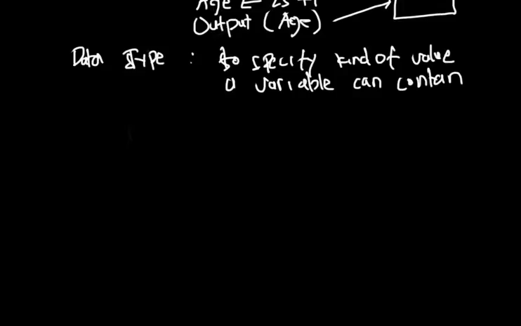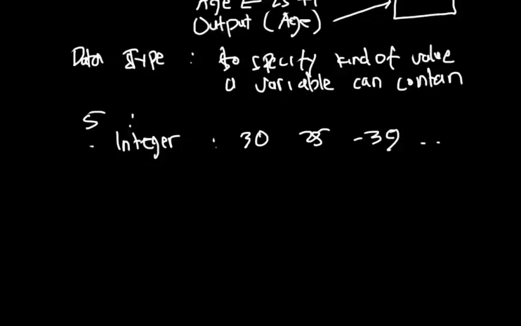There are many data types, but the most basic and primary ones you need to know about are 5 data types. The first one is integer. Integer, of course, for integer values 30, 25, minus 59, and so on and so on.